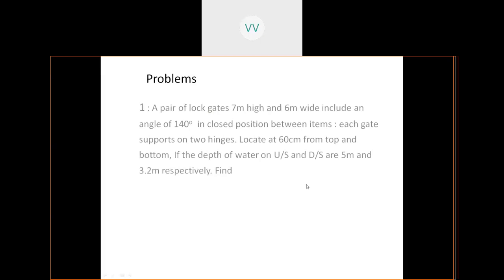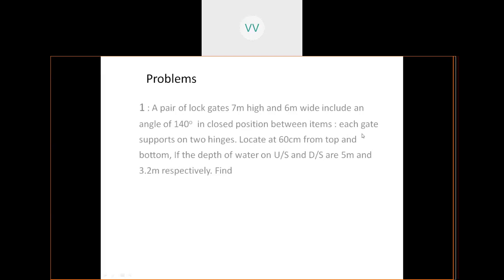So students, let us try to solve a small problem to enhance your understanding of this lock gate problem. Let us see numerical values. A pair of lock gates 7 meters high includes an angle of 140 degrees in the closed position between them.